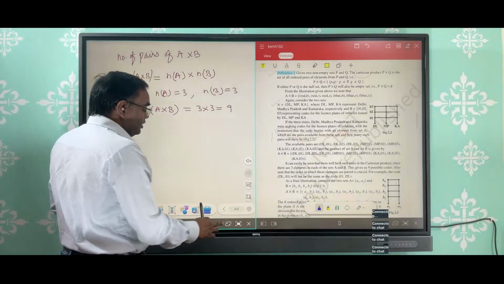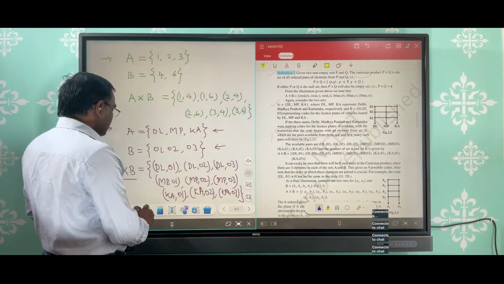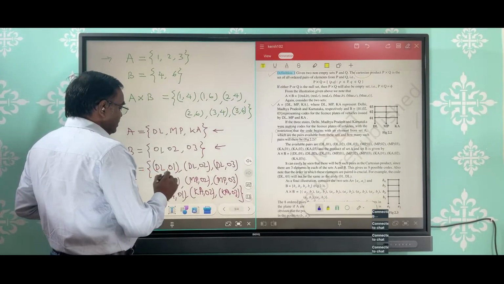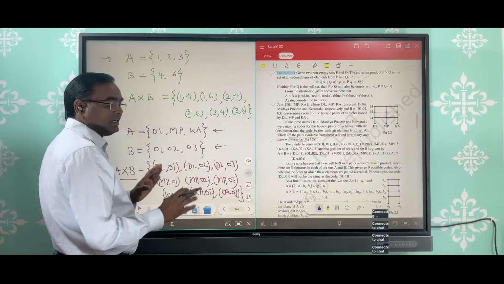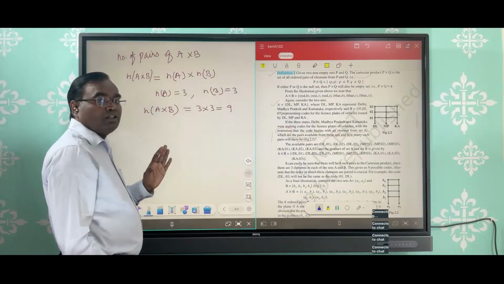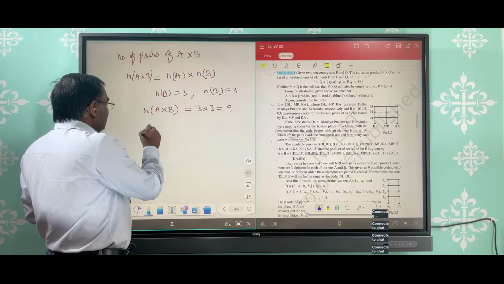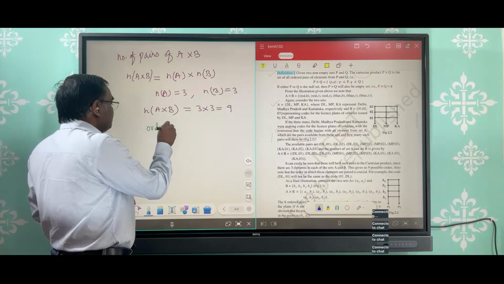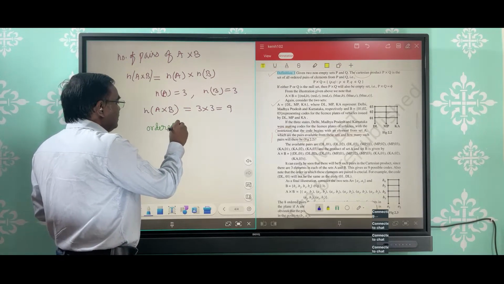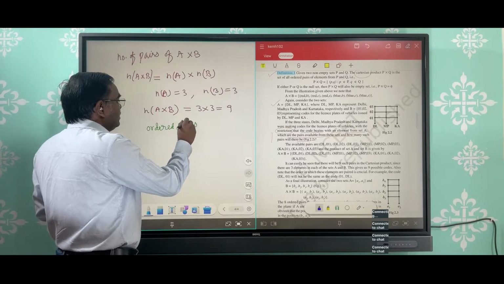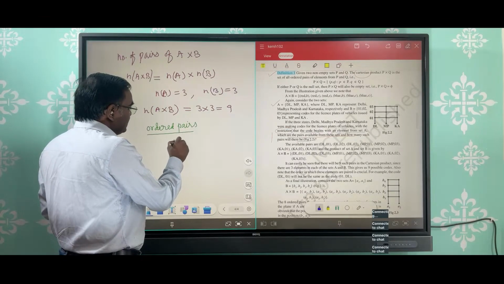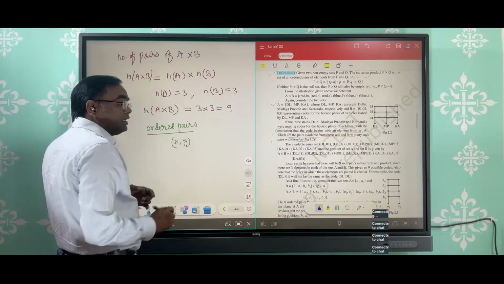You can also check from here. We have 3, 3, and 3, total 9 ordered pairs. Here, ordered pairs means the pair of X and Y is orderly restricted.